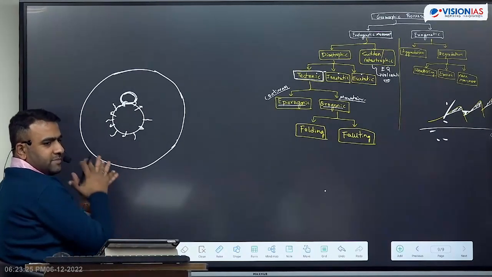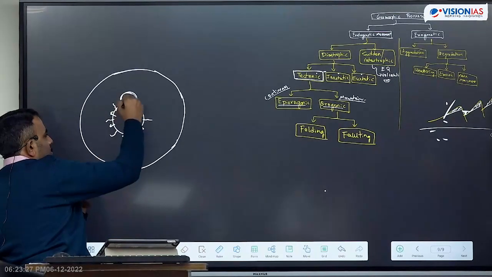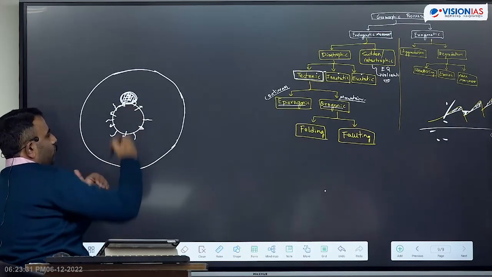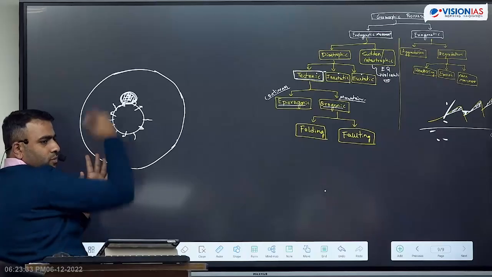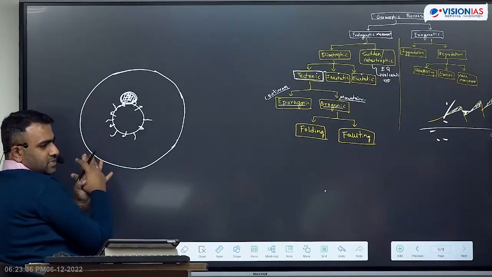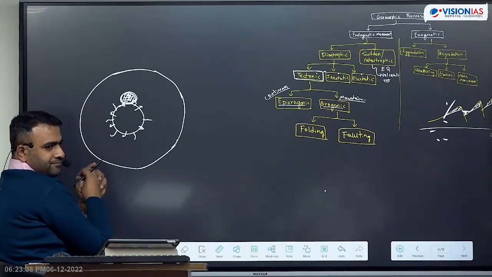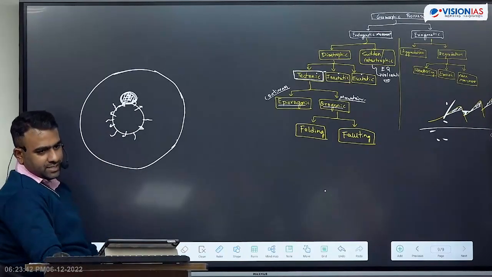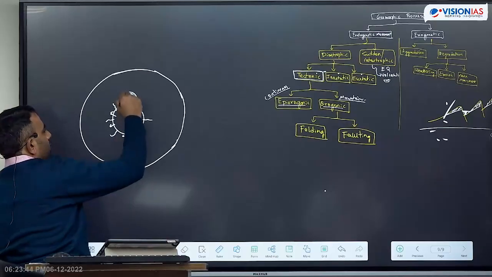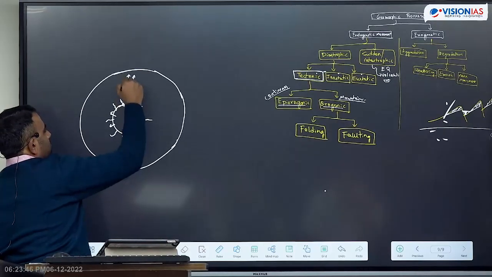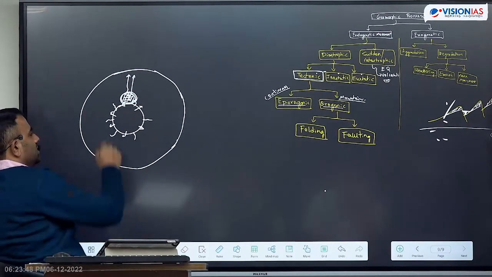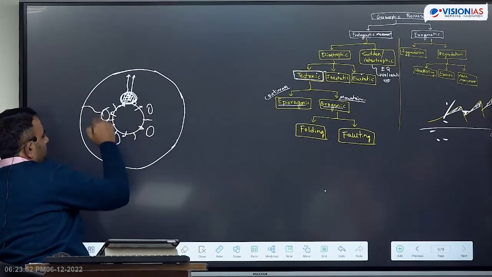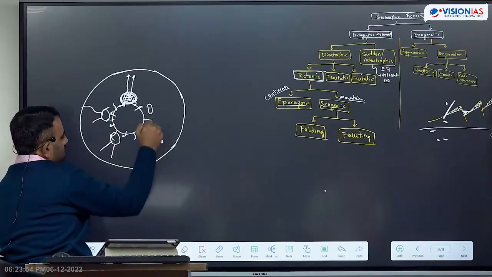And this magma once it is generated, it has a tendency to move upwards towards the surface where the temperature is low, where the pressure is low. Because this is highly energetic and highly mobile in nature, it will start to flow upwards.